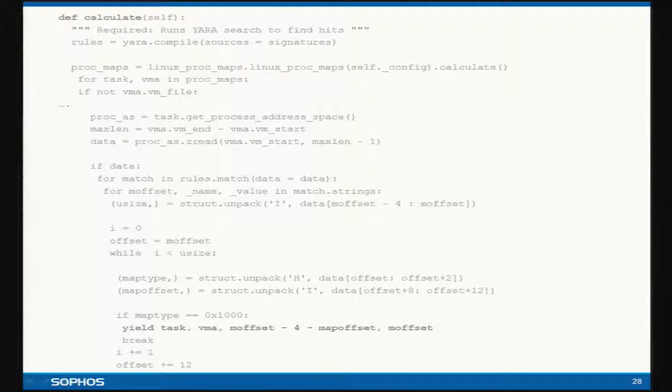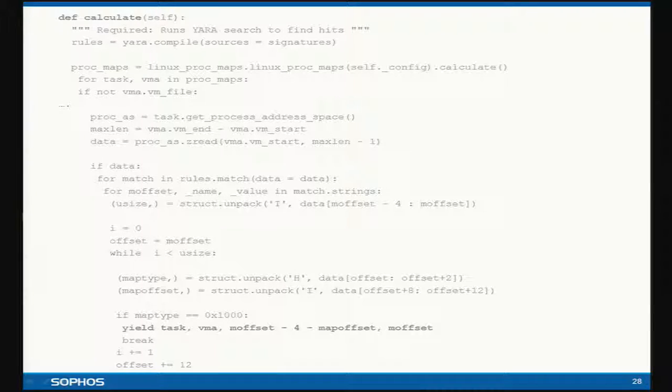Then we're using the Yara rules to locate the offset of the map list. Once we got this map list, we will continue searching to get the type map ID and map list offset.